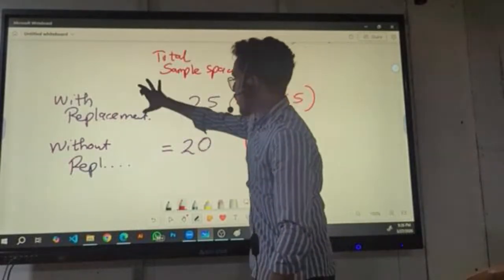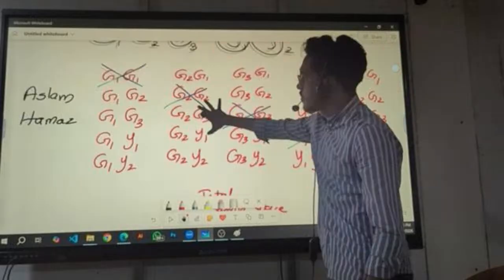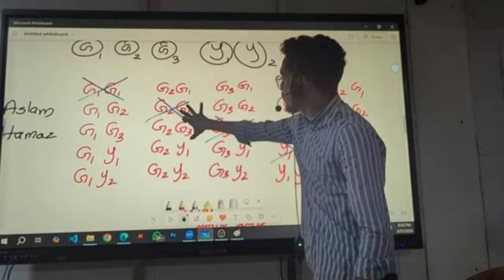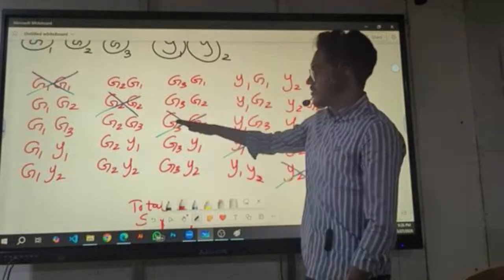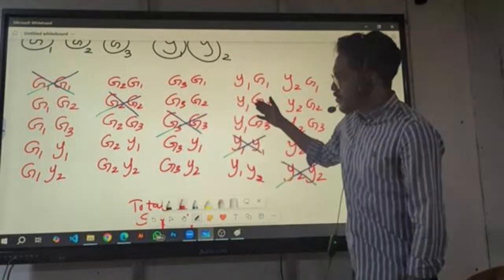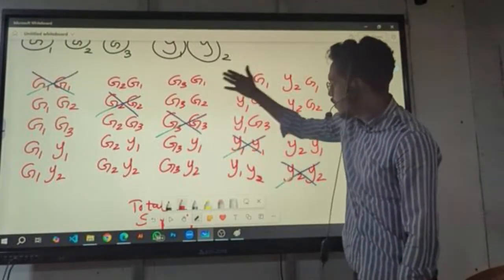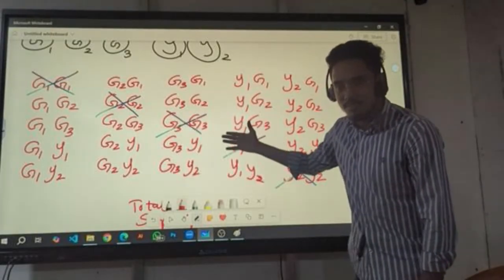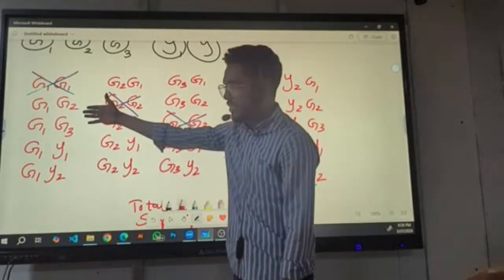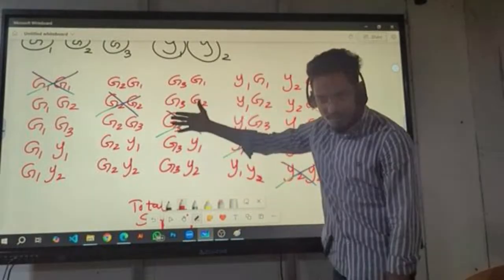Fine. Now see this thing properly. So just see only this part. Now by looking at this itself, you should have understood this looks very messy. We have 25 sample spaces, but this looks too messy, isn't it? See, G1, G1, G1, G2, G1, G3, it's confusing, right?